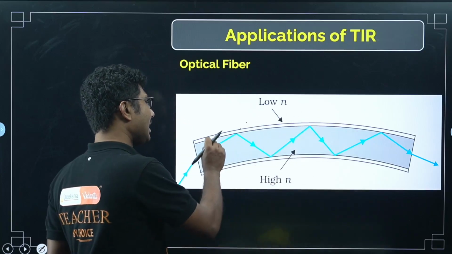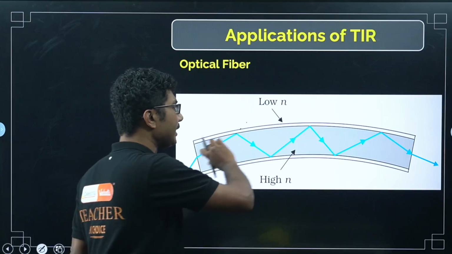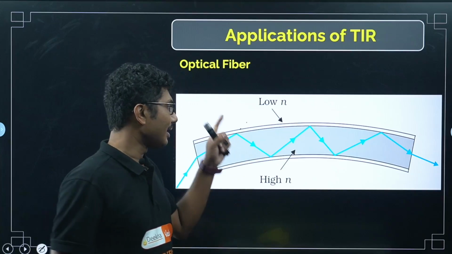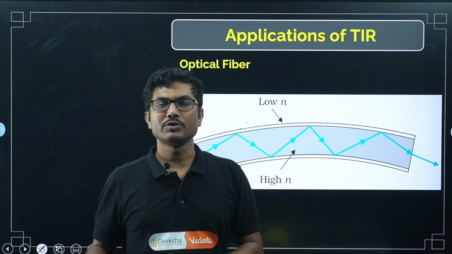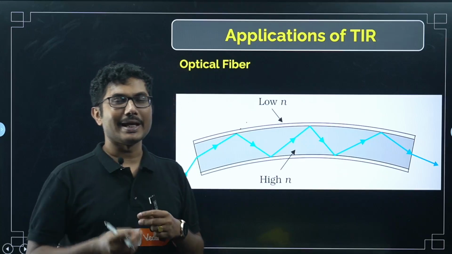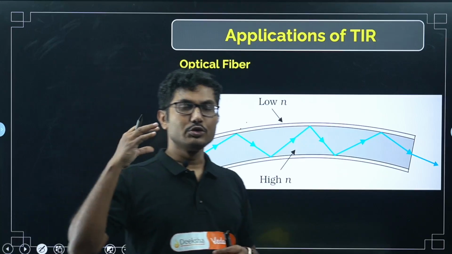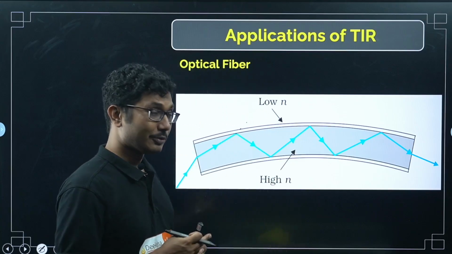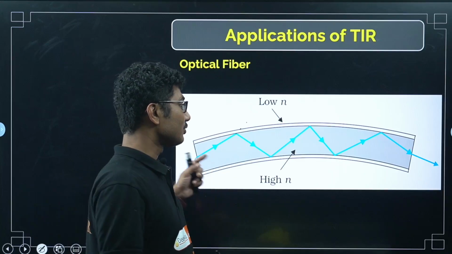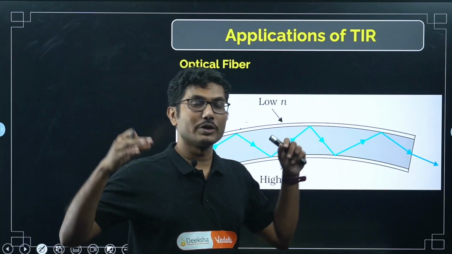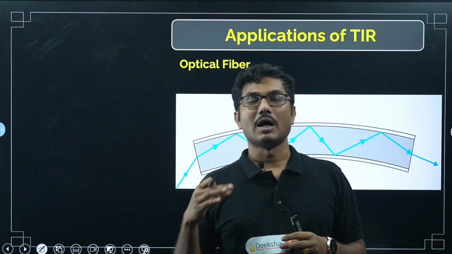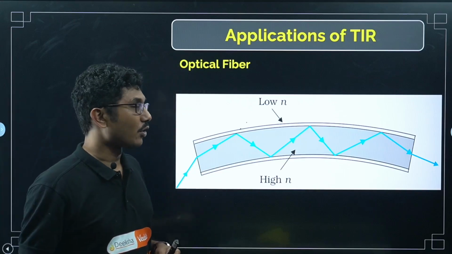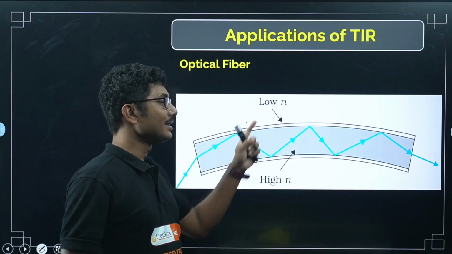There may be some absorption in the medium, but optical cables are designed such that the absorption of light is almost negligible, and in between they add something called a booster, where the signal is boosted through different methods. So boosting stations are there. If the signal travels more than a certain distance, the booster device boosts the signal and then transmits it forward. That's how the signal is transmitted.